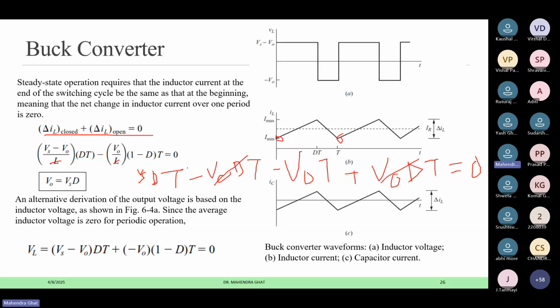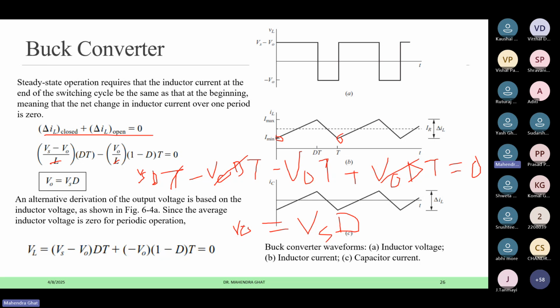Then I can remove the T from this, and if I simplify, taking Vo on the right hand side, Vo is equal to Vs into d.